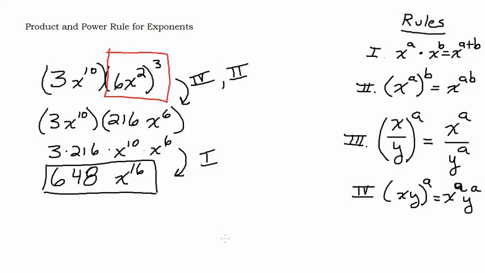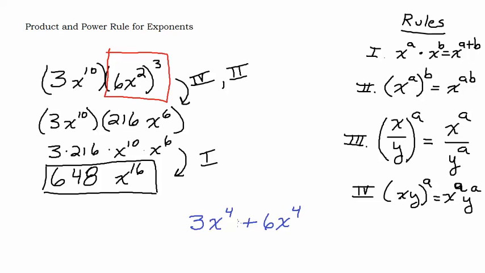One last thing I want to bring up is thinking about this compared to combining like terms. So say you had something like 3x to the fourth plus 6x to the fourth, okay? The big difference in this problem compared to what we've been doing is this plus right here.